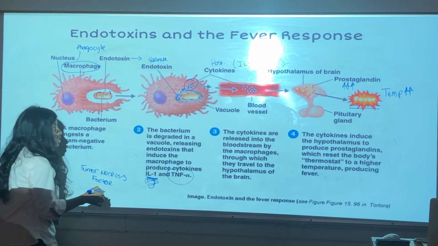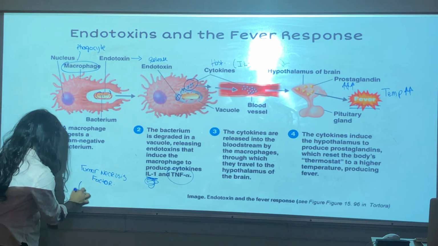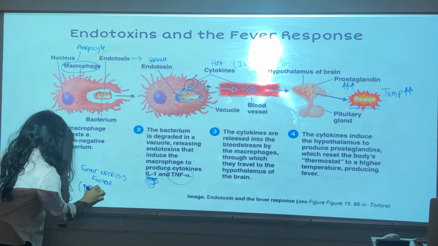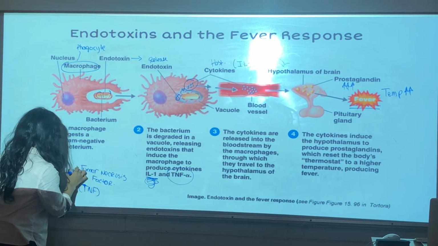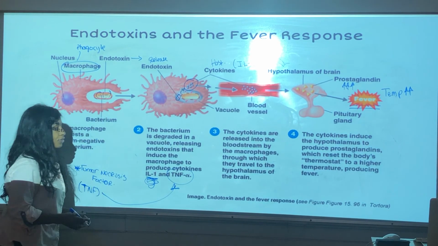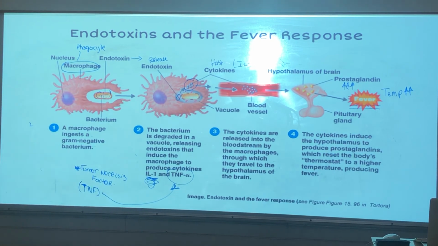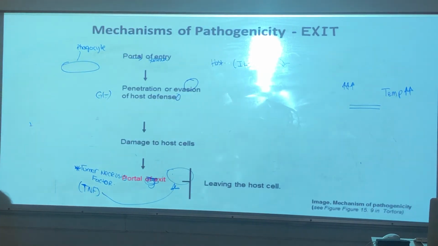This is another cytokine that your phagocyte can make, and if the tumor necrosis factor is made by the phagocyte, this can also stimulate fever. So your IL-1 we see with your gram-negative cells, but tumor necrosis factor can be seen in response to other foreign invaders.